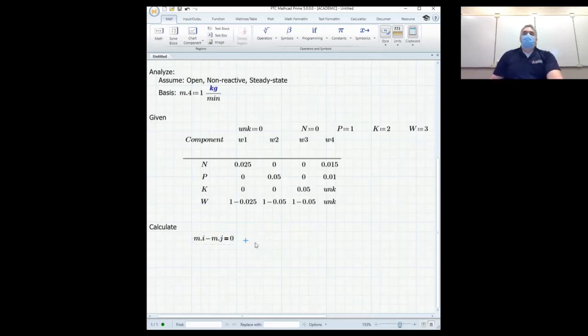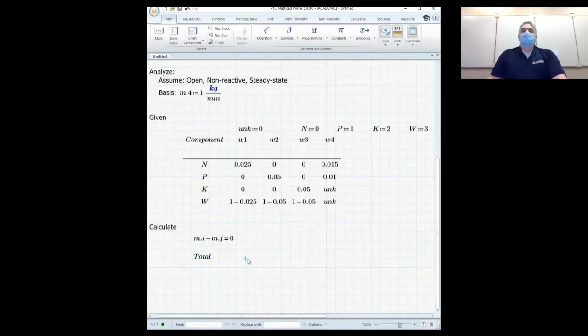So now this mass balance equation is going to be true for the total mass coming in and out of the mixer, as well as the mass of each of the components. So you can set up an equation now for the total and for each of the components. Let's think about the total.